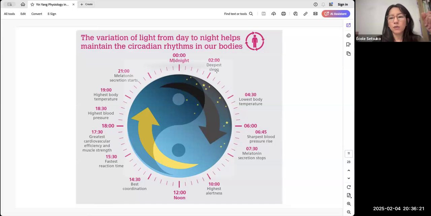We have quick response reaction time. Cardiovascular function is in full force. Our blood pressure is pumping, increasing heat and movement and activity. And then around 9 p.m., the melatonin starts to kick in and we start to feel a little bit sleepy. So ideally, we have enough energy to maintain us through the entire day. In this version, it's 6 a.m. till 9 p.m.